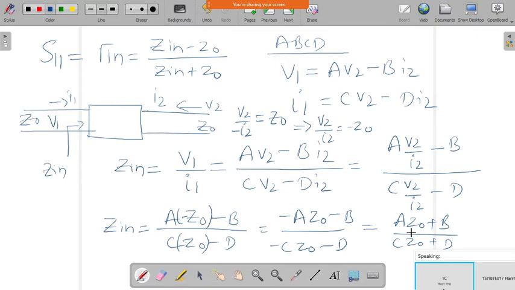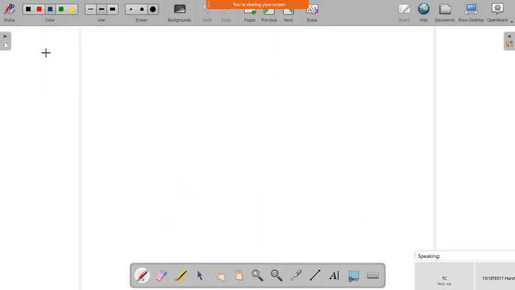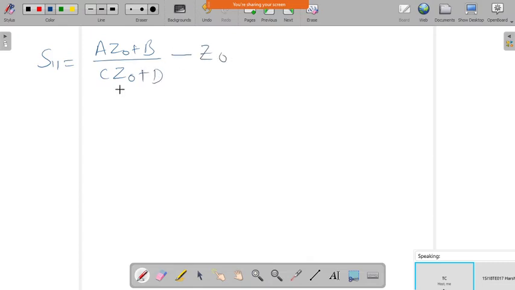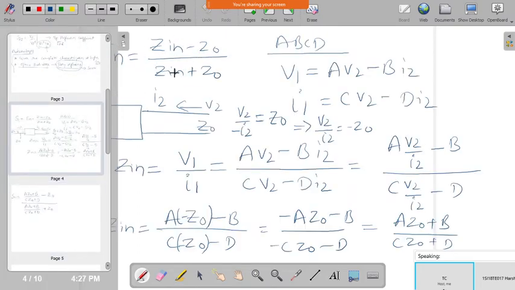Substituting this in place of Zin, we get S11 equal to A Z0 plus B divided by C Z0 plus D, minus Z0, divided by A Z0 plus B divided by C Z0 plus D, plus Z0. So this is the equation for S11.